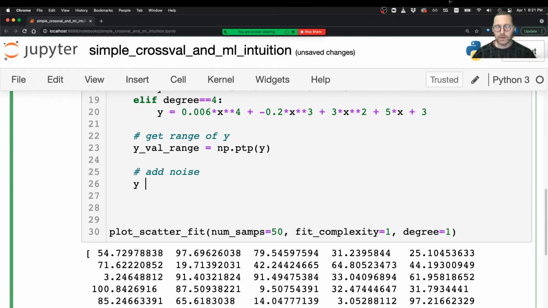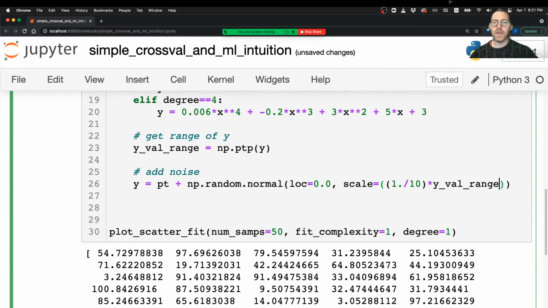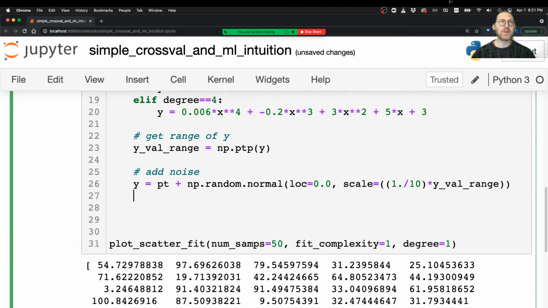And y is going to get, well, I'm going to take each point, and I'm going to add to that point some random normal noise, centered around 0, just like in that drawing I made. And the scale of which is going to be 1/10 of the y val range. And that's most of that. And then I'm going to do that for every point in y.